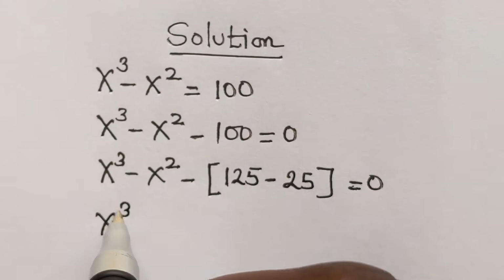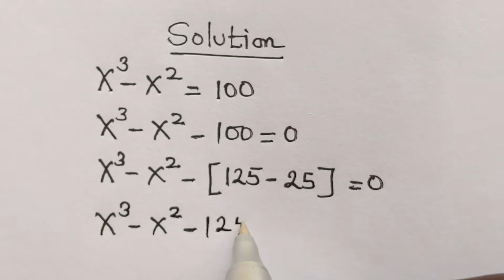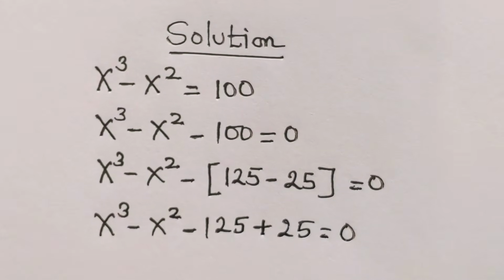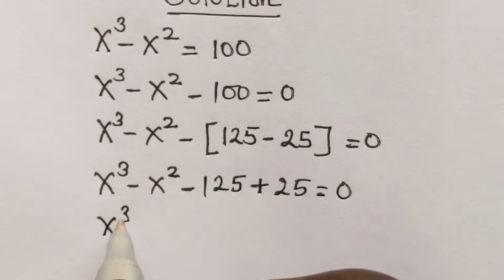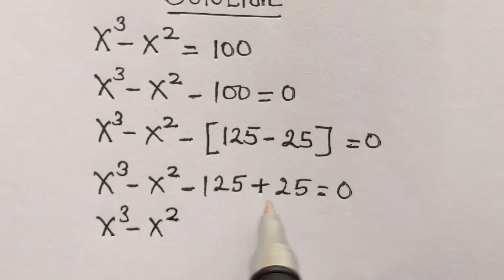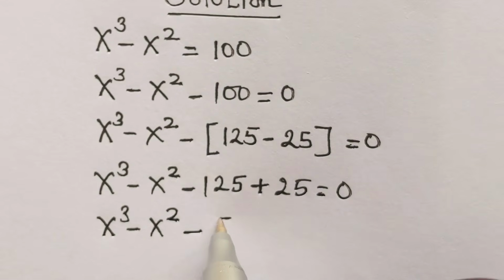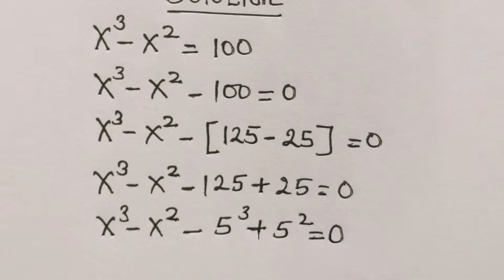We have x power 3 minus x squared minus 125, then plus 25 will be 0, right? So at this stage we have x power 3 minus x squared, and we shall write this as 5 power 3, then plus 5 squared equals to 0.